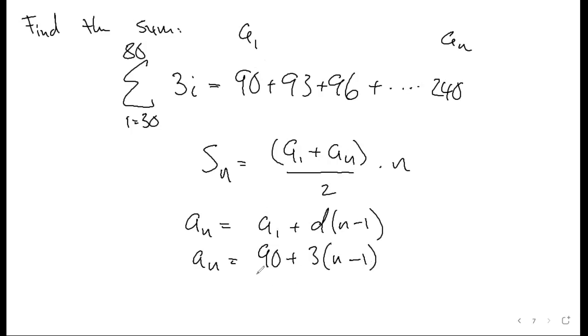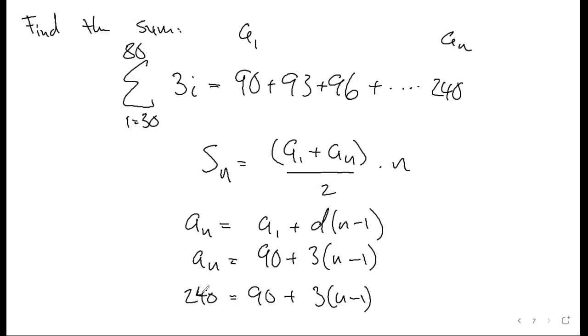Okay, so this is the general term of this. A general term of the sequence will look like this. It'll be 90 plus 3, how many times? n minus 1 times. And for A sub n, I'm looking for n here. I don't know what n is. So I'm going to plug in 240 for my A sub n, to find n.